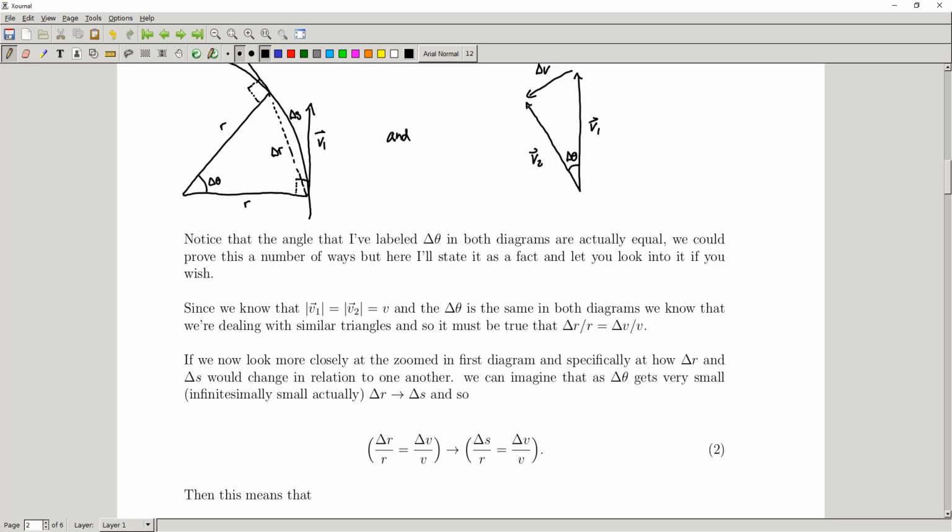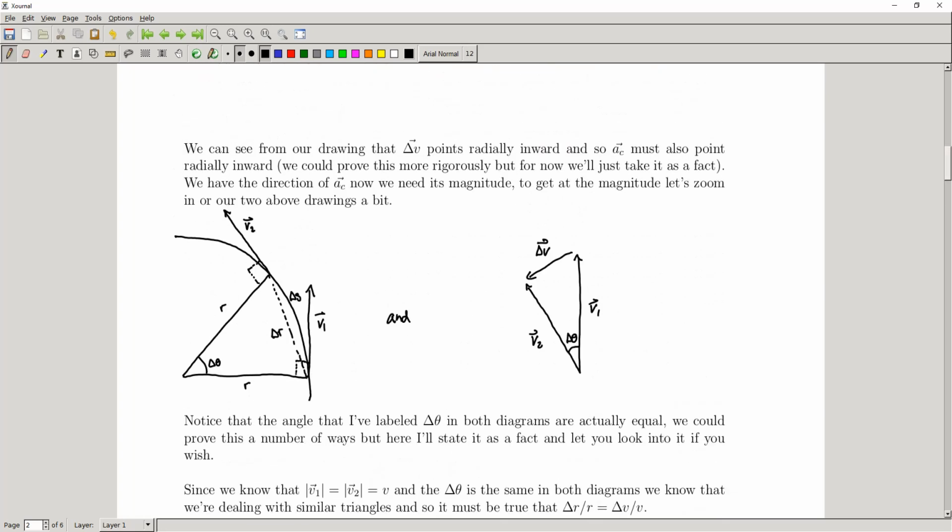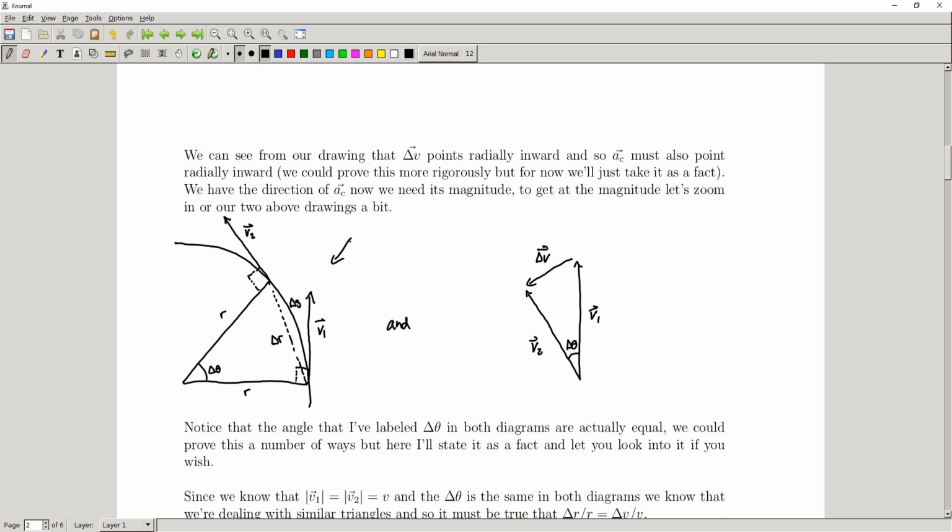Okay, and so now if we look more closely at that first zoomed in diagram that we have here, we can imagine, and maybe specifically we want to look more closely at how delta R and delta S change in relation to one another. And specifically what happens as our rotation angle, delta theta, gets very small.